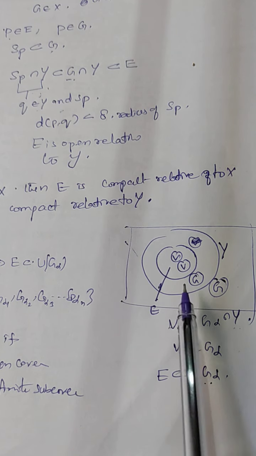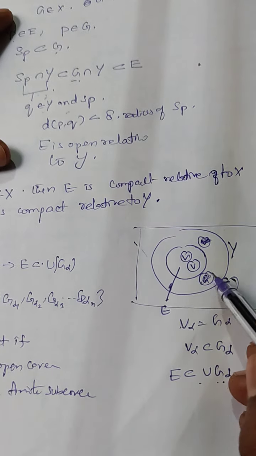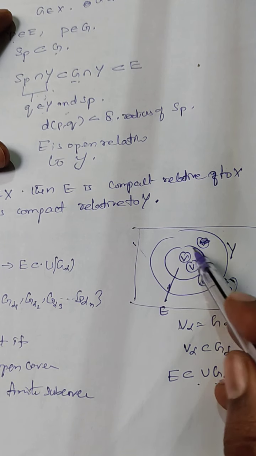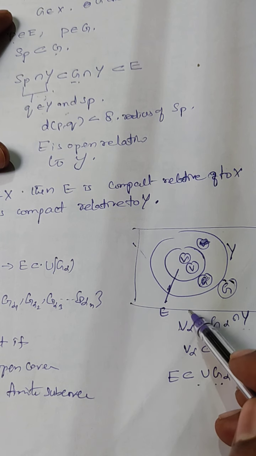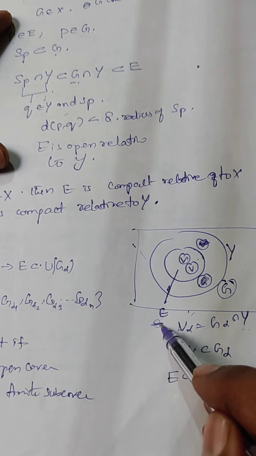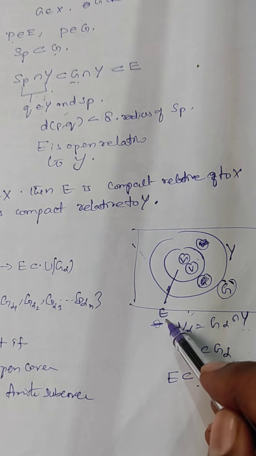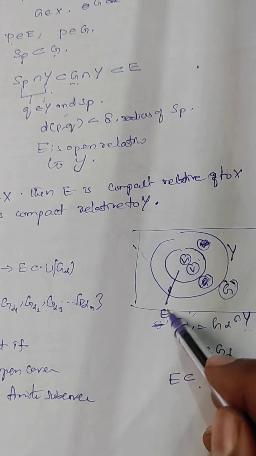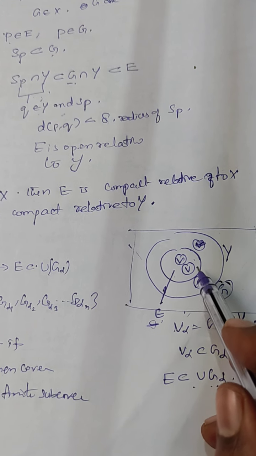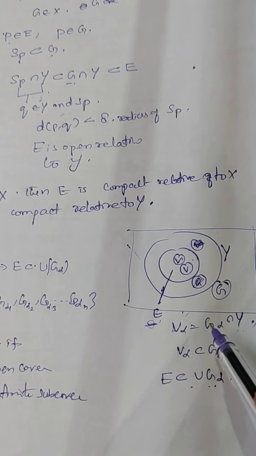So basically this G should not belong over here. Whenever G alpha intersects with Y, it becomes V alpha, and this V alpha will become an open cover for E. So E is a subset of the union of V alphas, or basically E is a subset of the union of G alphas.